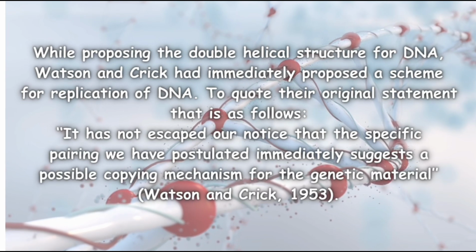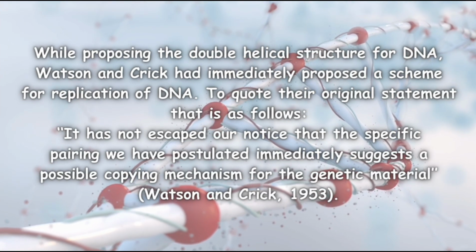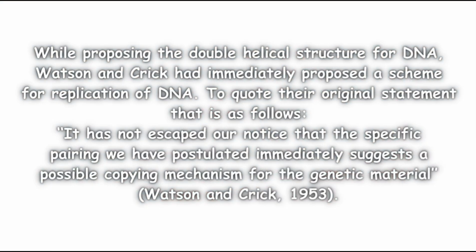Now, replication. While proposing the double helical structure of DNA, Watson and Crick immediately proposed a scheme for replication of DNA. To quote their original statement: it has not escaped our notice that the specific pairing we have postulated immediately suggests a possible copying mechanism for the genetic material.